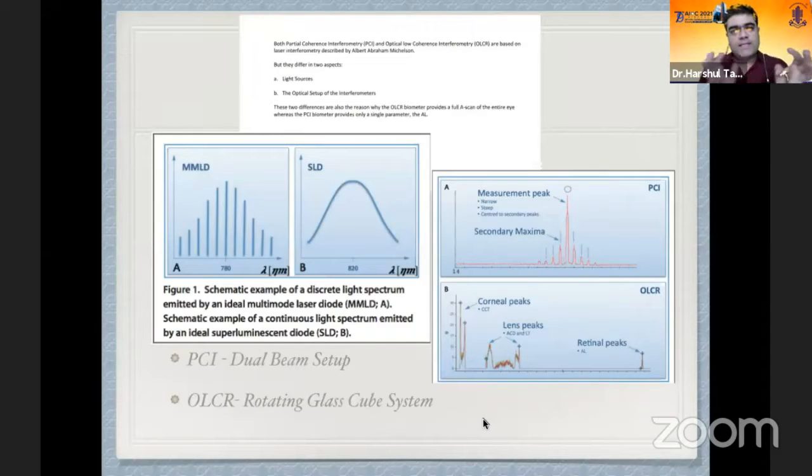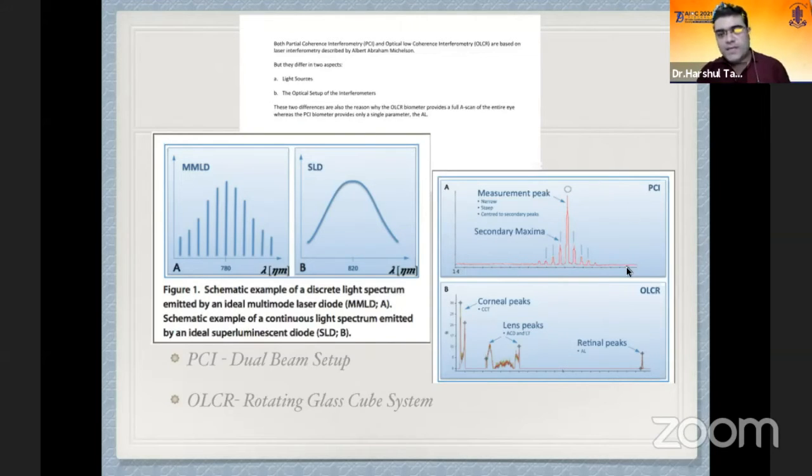Now, basically they differ in two aspects if we compare the PCI and the OLCR. The light source is different. In PCI, a multimode luminescent diode is used, which creates a discrete light spectrum, whereas in the 820 nanometer SLD based biometers, it creates a continuous light spectrum.